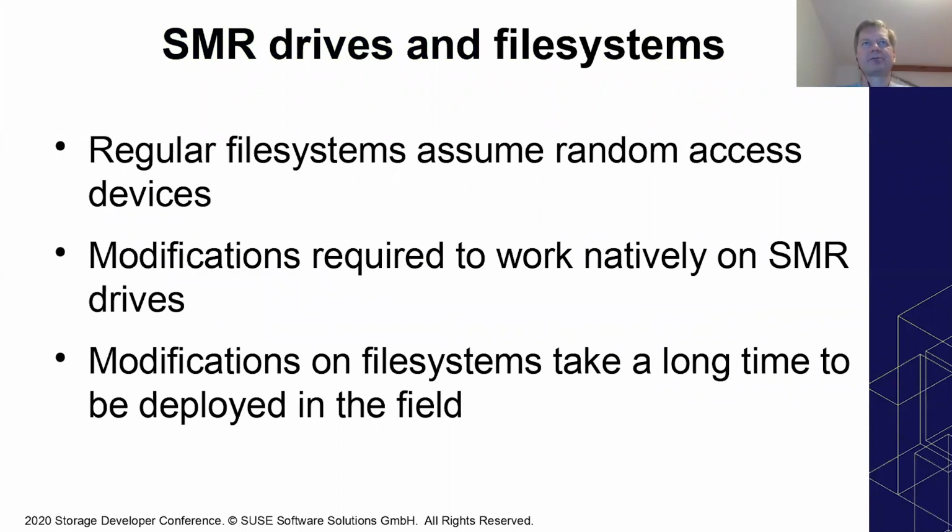The problem with that is that regular file systems assume random access devices, and as such, some modification is required to make regular file systems work natively on SMR drives.